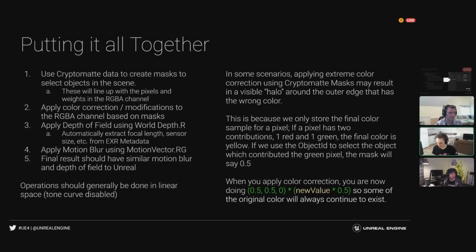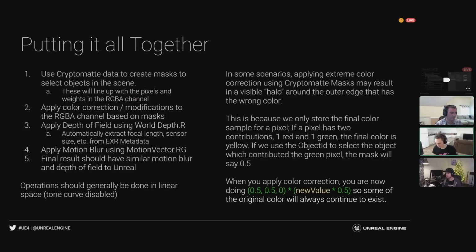When you do these masks, even though they are pixel perfect, if you do extreme color correction to something, you can end up with a little bit of a visible halo. That's kind of the wrong color. It still has some of the original color. This is because we only store the final color for a pixel, and when we go to modify the pixel, we don't know the breakdown. Say you have a couch and the background on the same pixel.